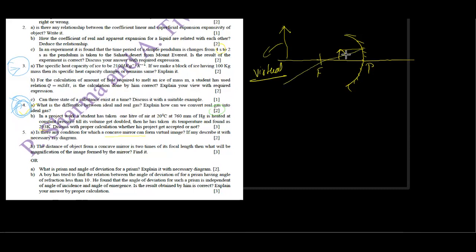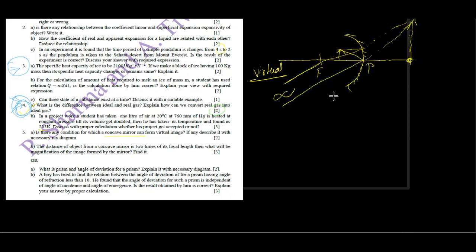This ray goes through the focus, and if we draw another ray, it will meet in infinity, and if we produce it backward, then the image will form in this part.